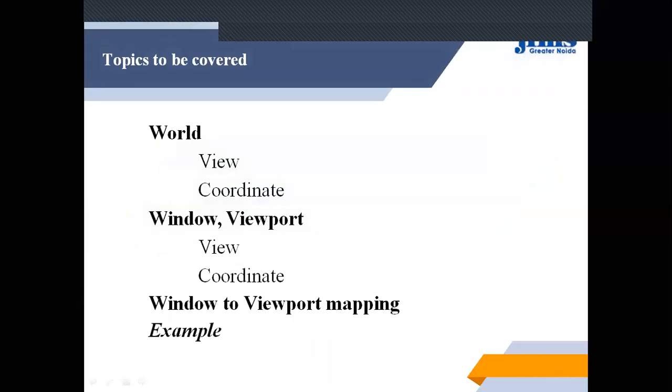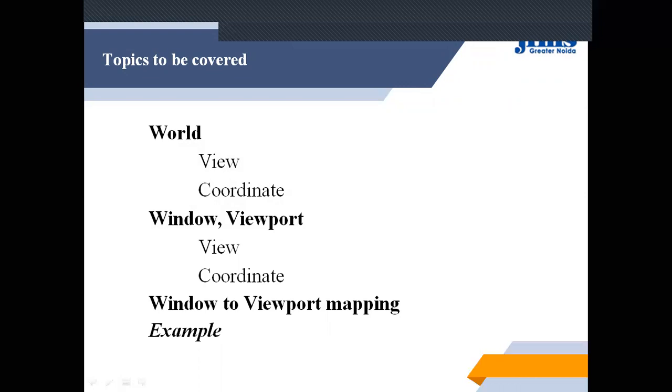So here we will discuss the world, that is what the world is, what the coordinates of the world are, what is window, what is viewport, and the difference between the window and the viewport. Then we will discuss the coordinates of the window as well as the viewport.